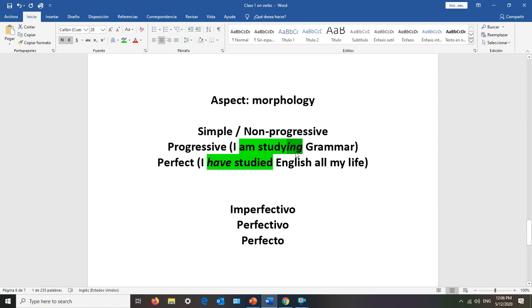But this ing form or this auxiliary verb have mark it explicitly at the level of syntax that the aspect in question is either progressive or perfect.